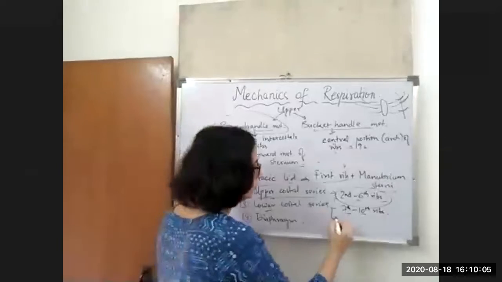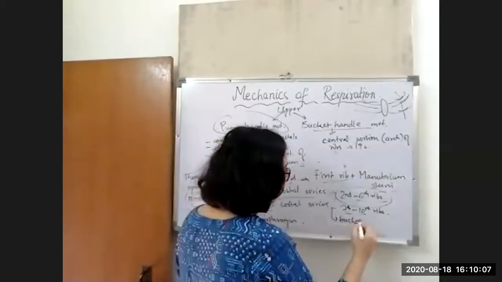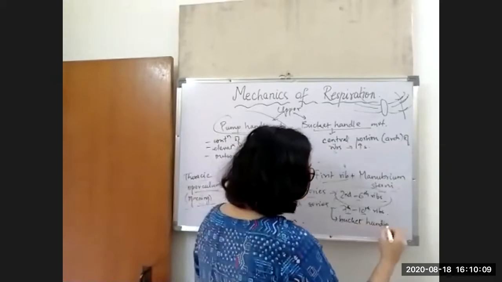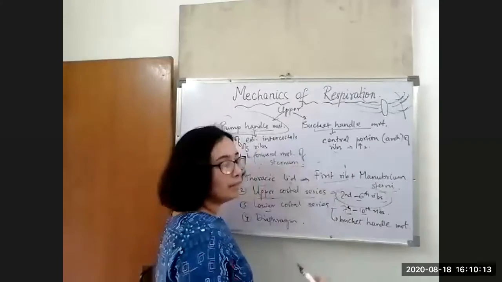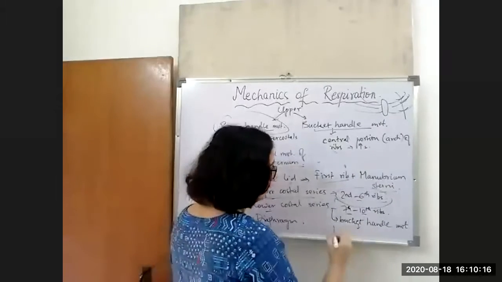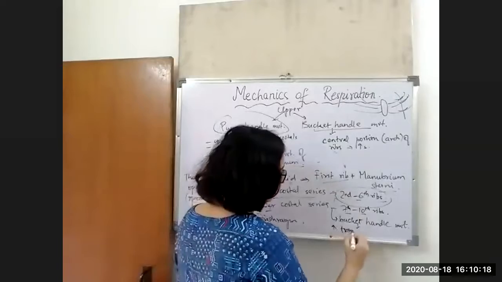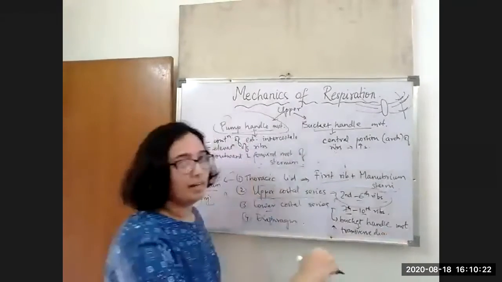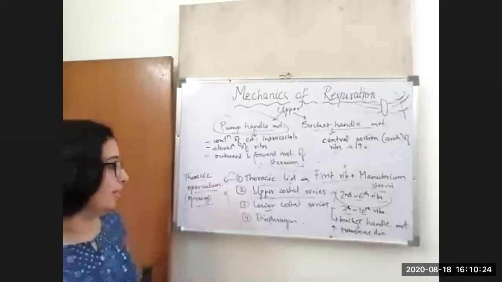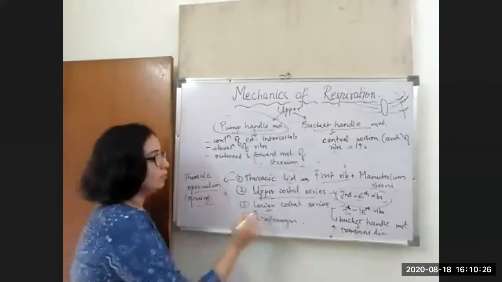It only shows the bucket handle movement, and it will increase the transverse diameter of the thoracic cavity. That is the lower costal series.